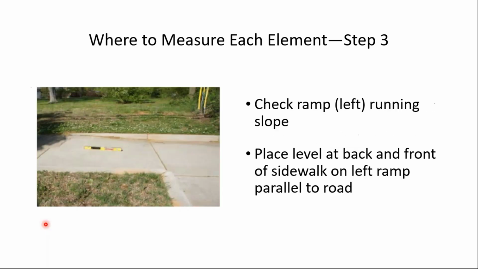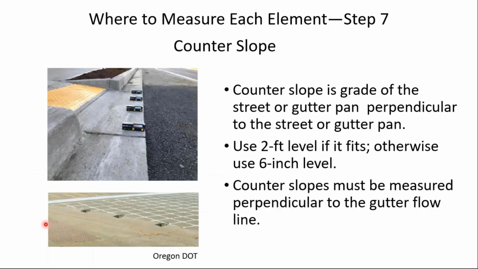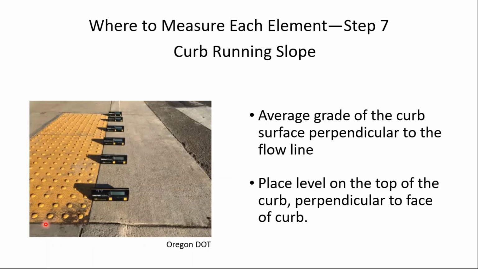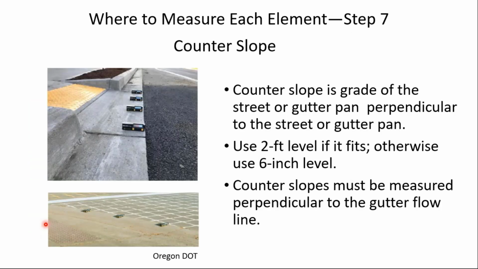Well, I think step 7 dealt with the curb running slope, which should match the curb ramp running slope. So it would be no more than 8.33%. And this counter slope should not exceed 5%. Those would be the maximums.